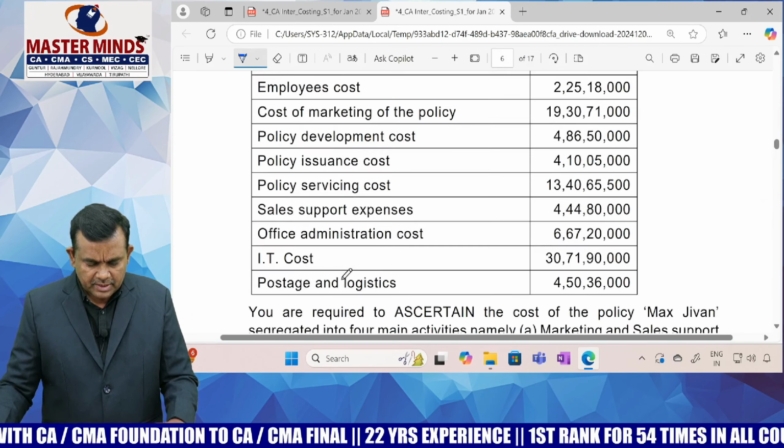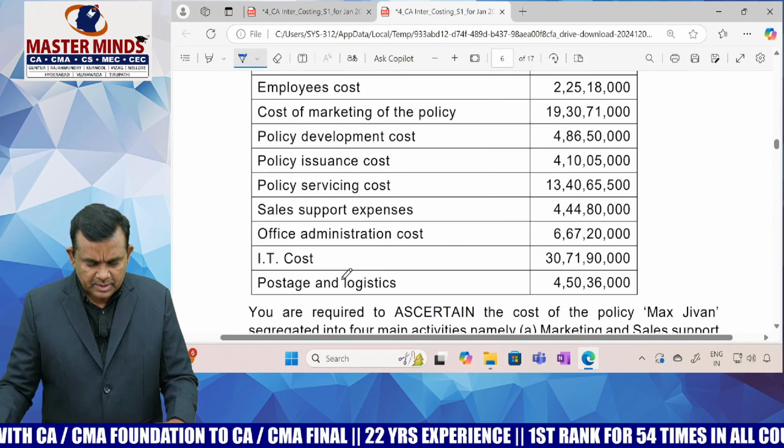Marketing and sales supporting cost, sir. Policy development cost. Next, marketing the policy, cost of marketing of the policy, sales support expenses. This is 1, this is 2, this is 3. These 3 are related to marketing and sales supporting expenses.